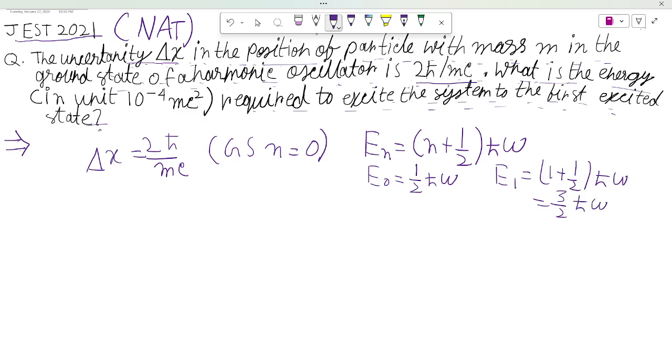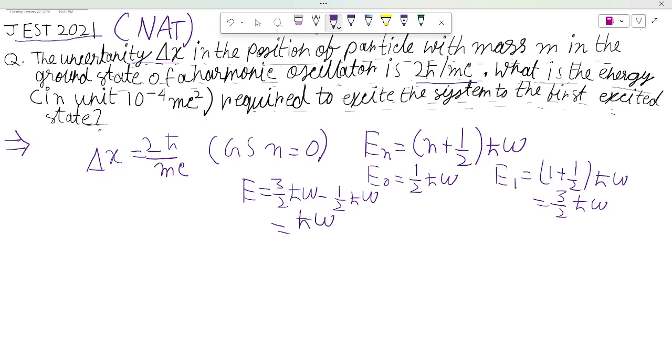The energy difference, denoted by E, is 3 by 2 h cross omega minus half h cross omega, that is h cross omega.